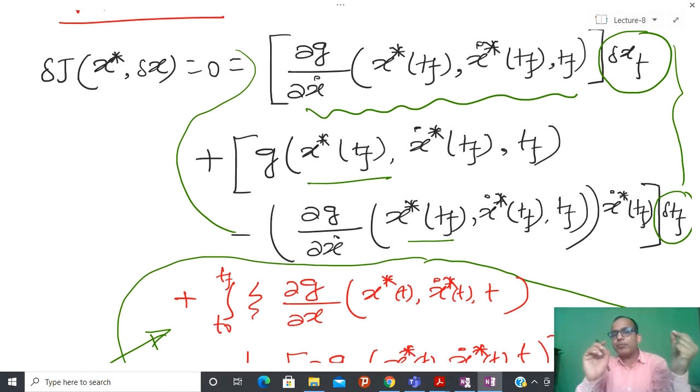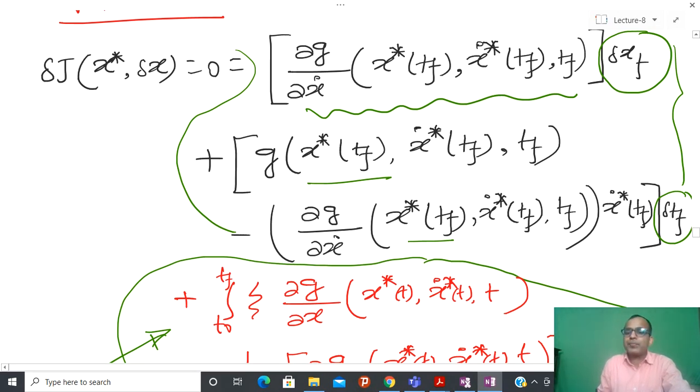In type 1 problem, we are assuming that the initial point t0 and x(t0) are fixed, and tf and x(tf) are fixed. Whenever we calculate the variation, during simplification we have already assumed that delta x(t0) and delta t0 are 0. Now the end point is also fixed, so these two variations are automatically 0.